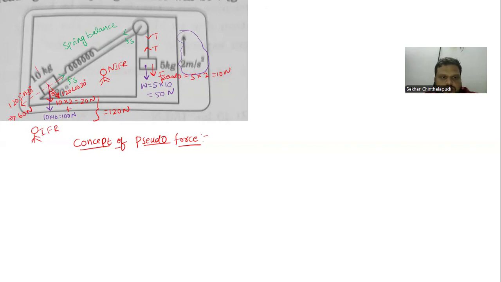Now if you take the free body diagram of only this part, the 10 kg block, the free body diagram looks like this.